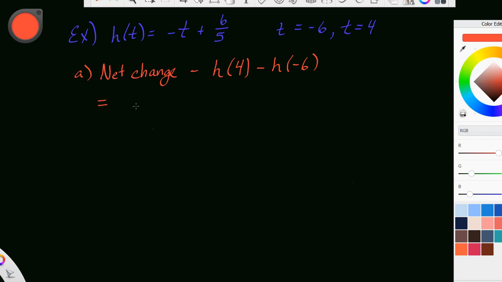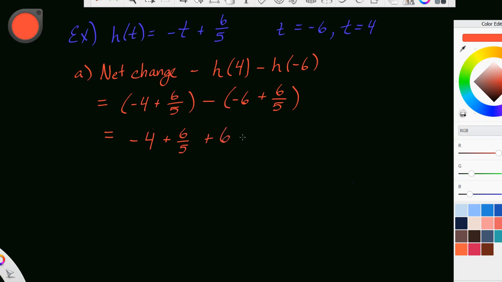So in this case, we're going to take 4 and plug it in for t, so that's going to give us negative 4 plus 6 over 5 minus, now we have to figure out what h of negative 6 is, so we have to plug negative 6 in for t. Now notice that I wrote a negative 6 right there. I actually meant to write a positive 6 because negative would make that positive. So we're going to have negative 4 plus 6/5.